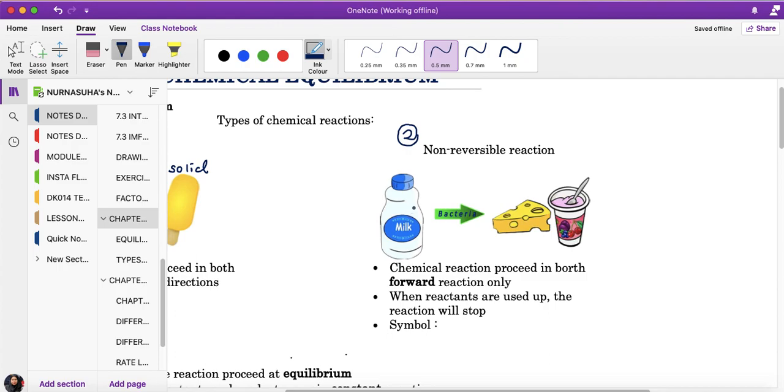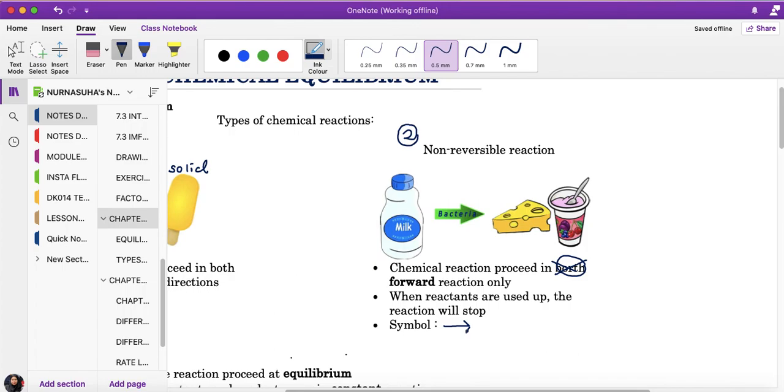So maksudnya this process is non-reversible. Means that chemical reaction proceeds in forward reaction only. So when reactants are used up, the reaction will stop. Symbol for non-reversible reaction is like this, from left to right, fully headed arrow.